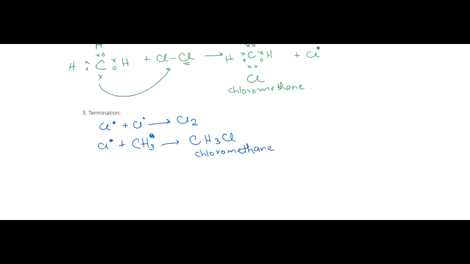Then, the third possibility that we can have is two methyl free radicals can attack each other. So, CH3 will make a bond with CH3. The result is that you will end up with ethane.